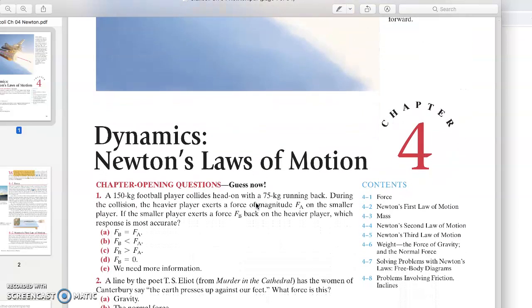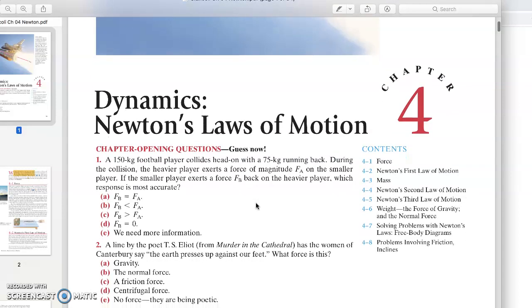Now, as we expect, the chapter is talking about Newton's laws of motion. There are 3 Newton's laws of motion: first, second, and third.